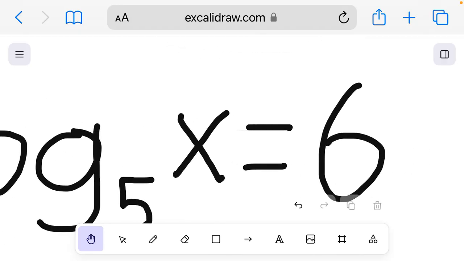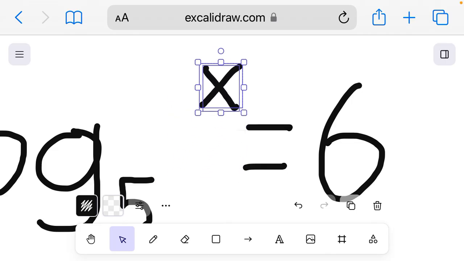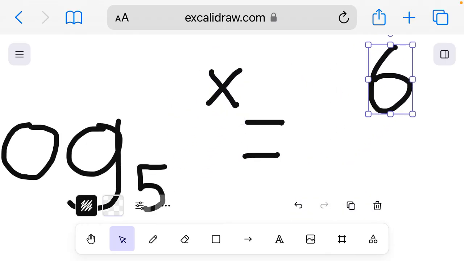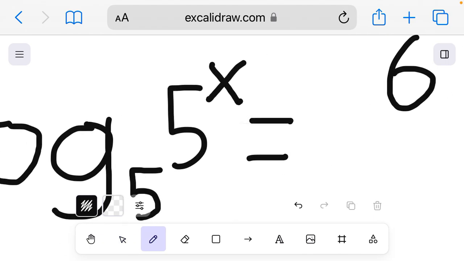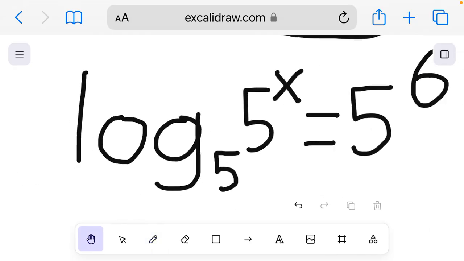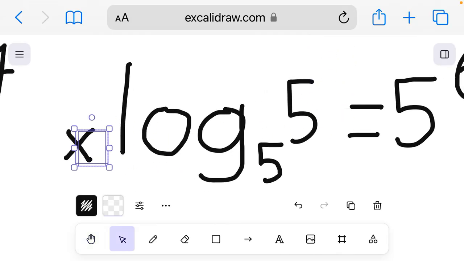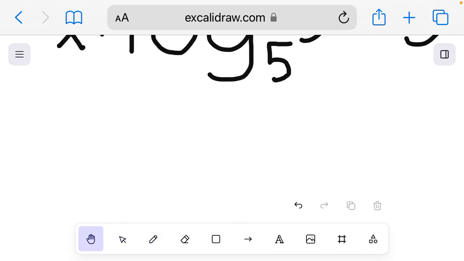As I showed you before, make the x and the 6 small as an exponent, and you write a 5 here, since the log base is 5, and a 5 here to keep it balanced. And then move the x to this side here, put a times symbol, and then log base 5 of 5 is just 1.